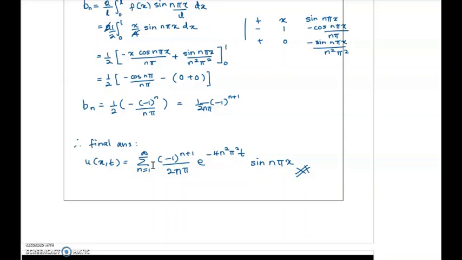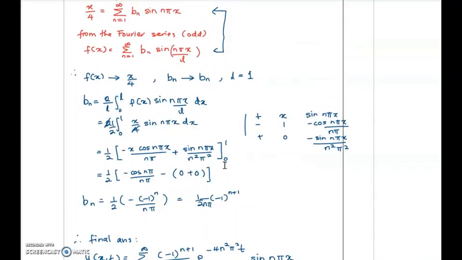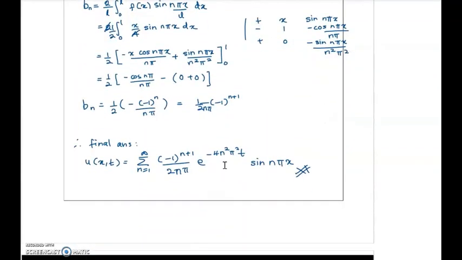Later on, in other applications, if you want to know the temperature value at a certain x and t, you can just plot it using a computer program, which can be easily done. So that is the solution to the first type of heat equation, with the 0 endpoints.